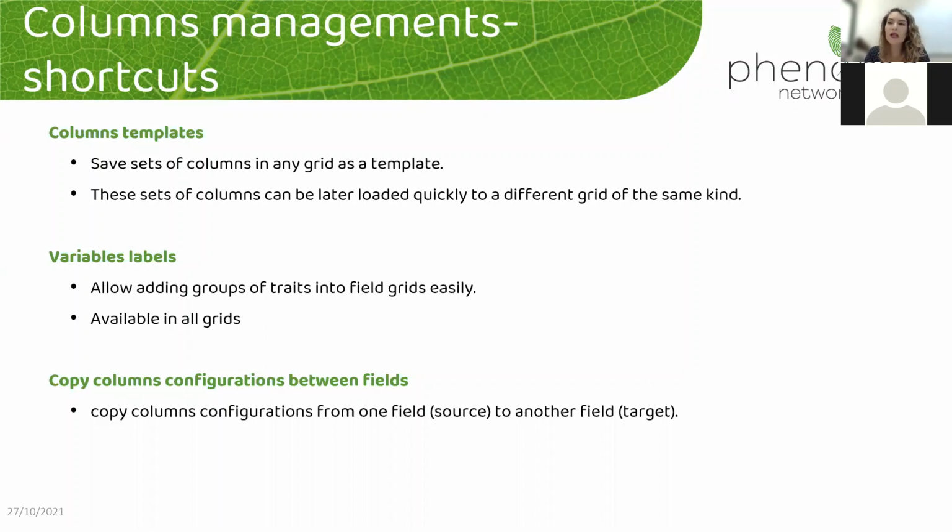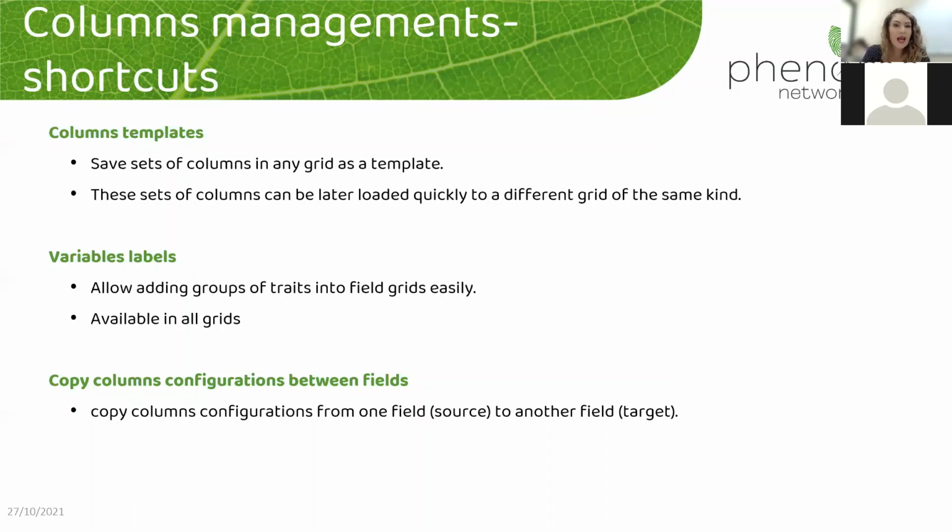So for example, if I have a template for plot, then I won't be able to use it at the observation level, but I will be able to use it in another field at the plot level. Those sets of columns can be later loaded, and it will save you a lot of time when searching and changing columns.